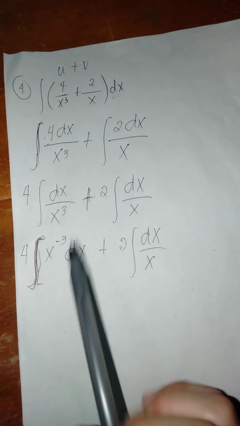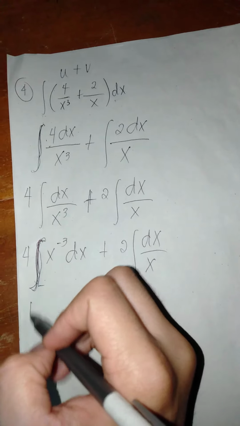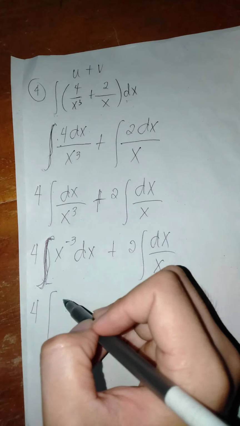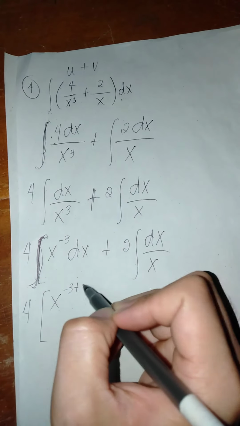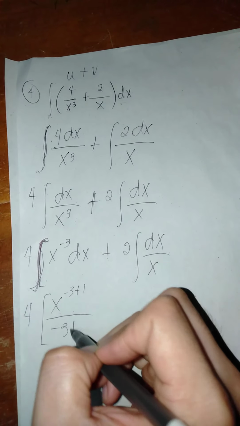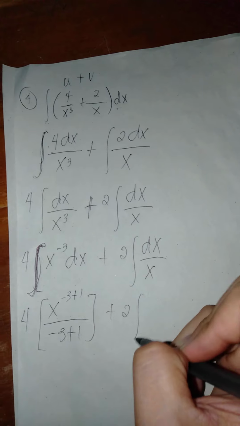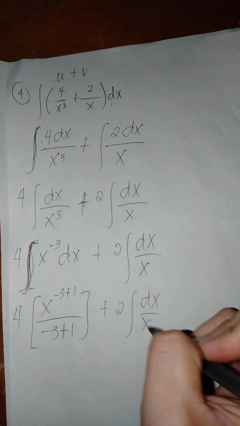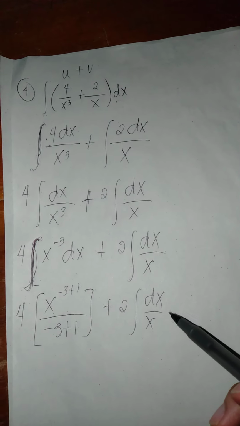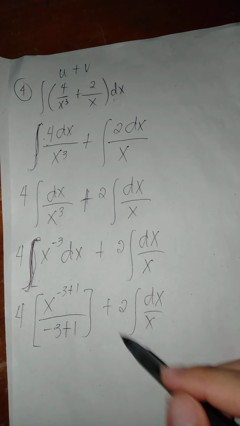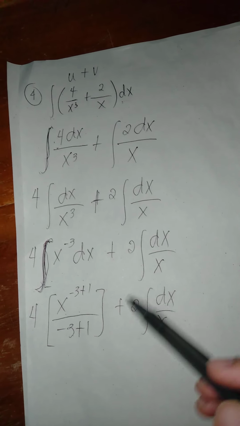So, ito, lagyan natin sa numerator. Now, so 4, apply integration: x negative 3 plus 1 over negative 3 plus 1, plus 2 integral of dx over x. Eh, sir, meron ba tayong direct formula for this part ng function natin?